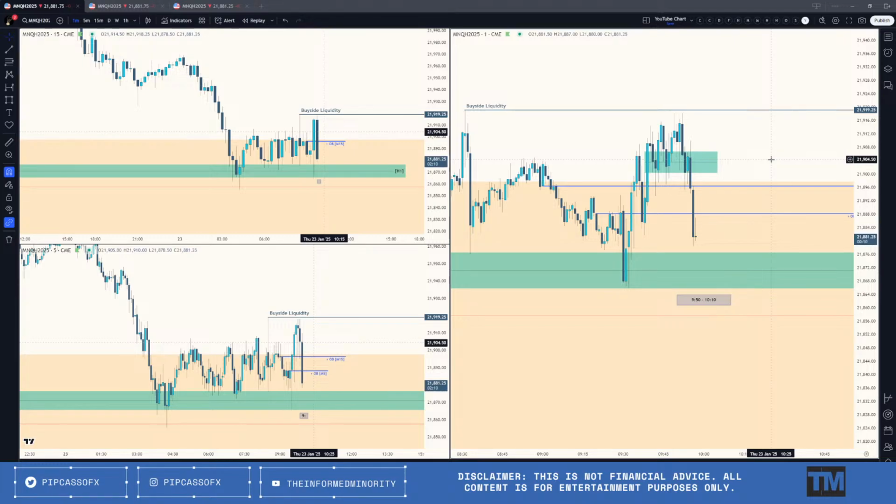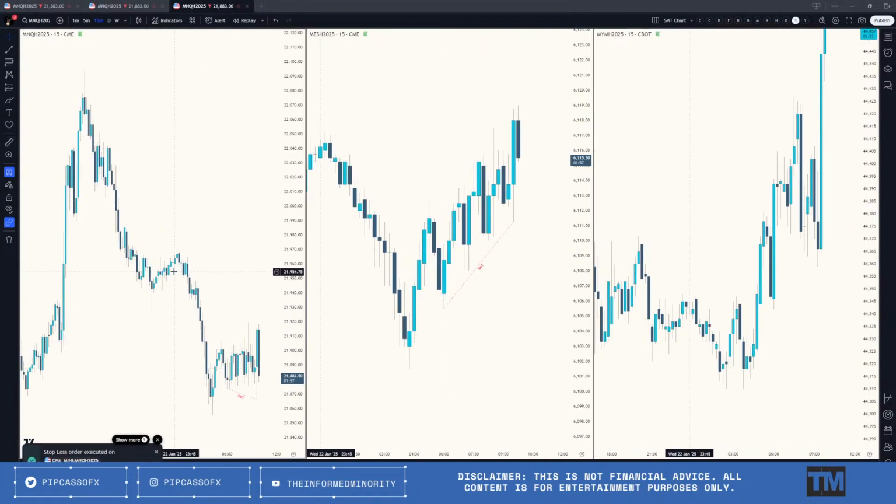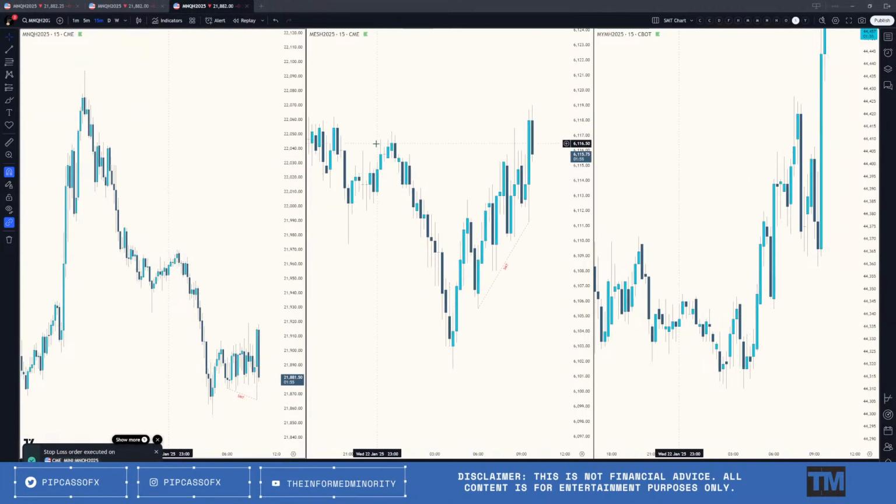I don't want to see it close below that 15-minute fair value gap. But again, we did have SMT from here to there. I'm still looking for higher prices. I wouldn't necessarily be looking for lower prices.